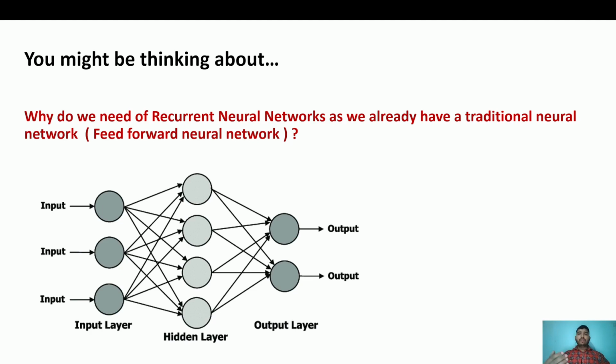So you might be questioning why recurrent neural networks were invented, as we already have a traditional neural network. But as you saw before, the sequence is really important to understand each sentence, right? That is the major problem in traditional neural networks: they don't have a memory.